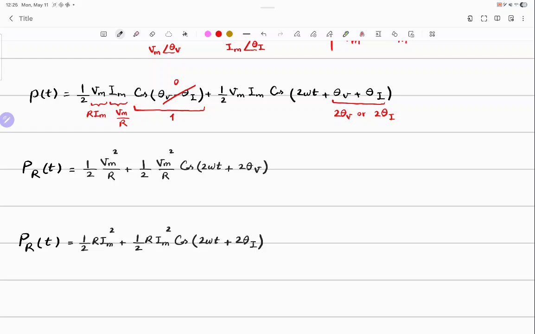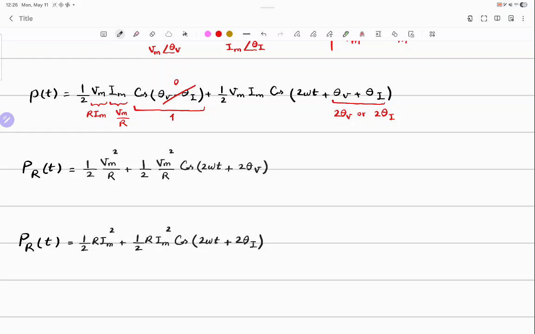So do you remember in the first part of the lecture when we wanted to calculate power, what were the two variables that you needed to find? Voltage and current, right? Except for resistors, you only needed one of them. Do you remember that? The same scenario is here. So if you have either voltage or current, you can find the instantaneous power of resistors. If you have voltage, go for the first one. Current, go for the second one.